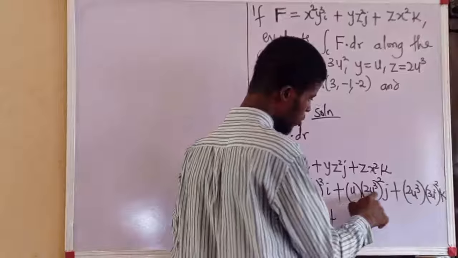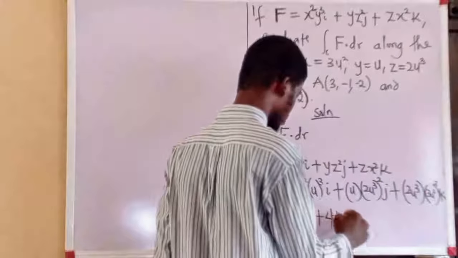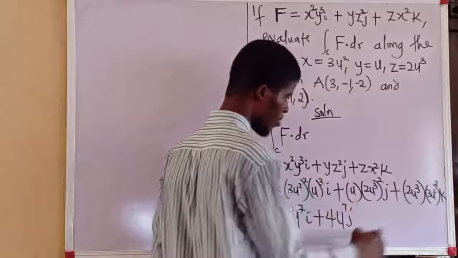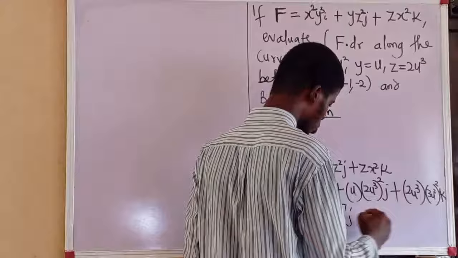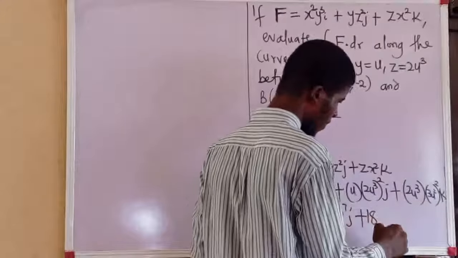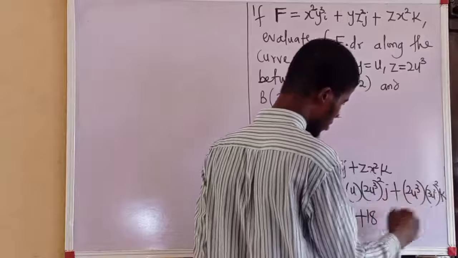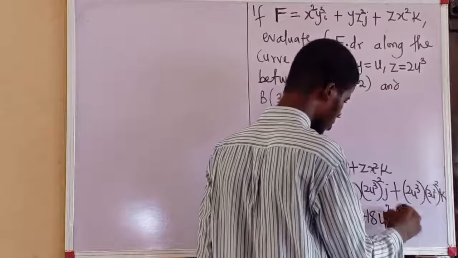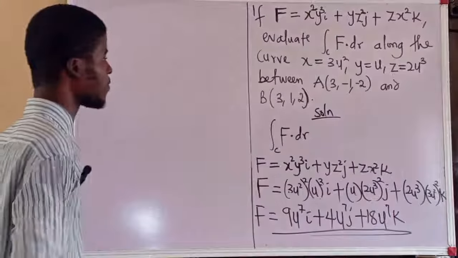This is u. 3 times 2 is 6. So 6 plus 1, that's 7. This is 3 squared, that's 9. 9 times 2 is 18. U, 2 times 2 is 4. 4 plus 3 is 7. That's u to the power of 7 k. So this is the vector f.